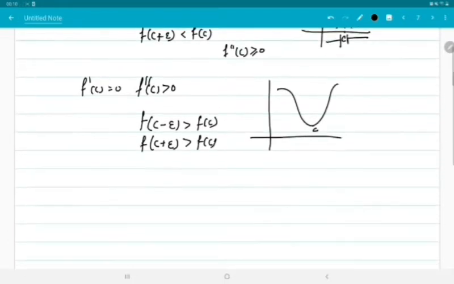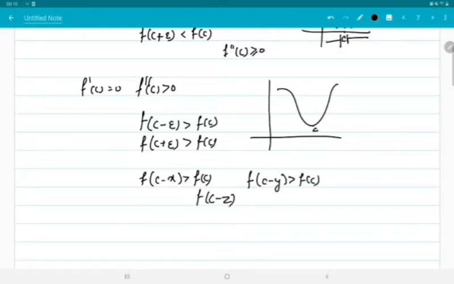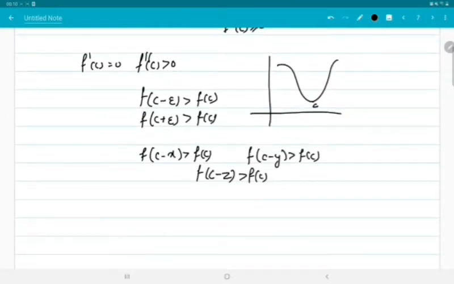So if we fix epsilon as x and y, suppose, if we have some x and if we have some y which satisfies the same expression, then we can say that f of c minus z will also satisfy the same expression, and z can be anything.